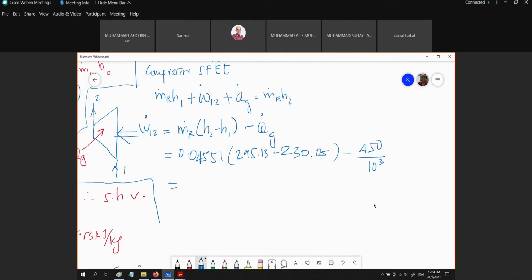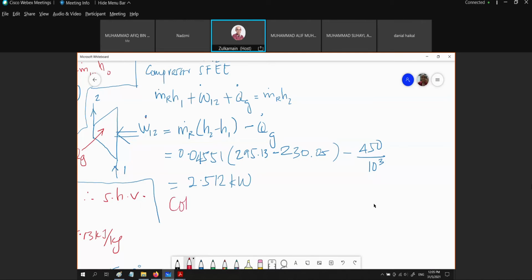Okay, how much is that? 2.5118 kilowatt. Is that right? Yes. Okay.